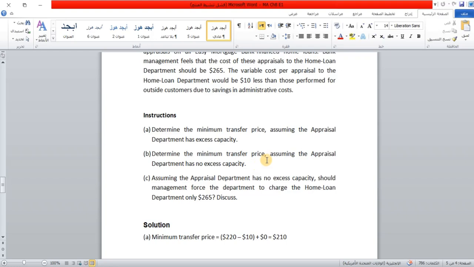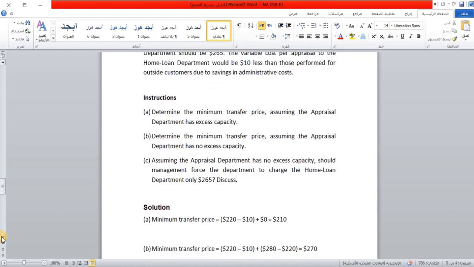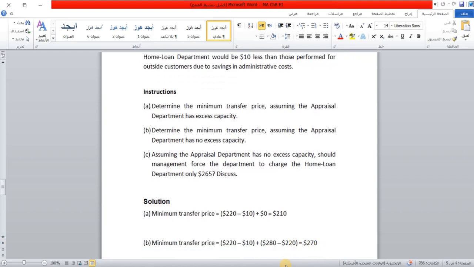Determine the minimum transfer price assuming the appraisal department has no excess capacity. B, because there is no excess capacity, we will add the opportunity cost. The opportunity cost will equal the contribution margin of this appraisal service to outside customers.